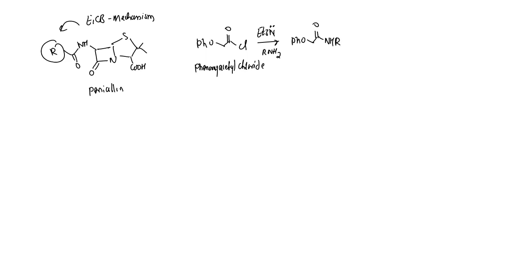So this amide functionality here in the penicillin structure can be introduced with the application of the E1cb mechanism. Consider the mechanism for conversion of phenoxyacetyl chloride to an amide.